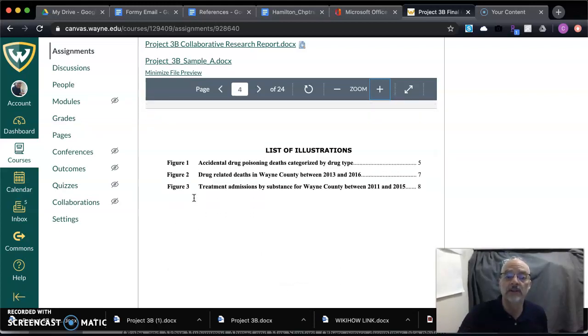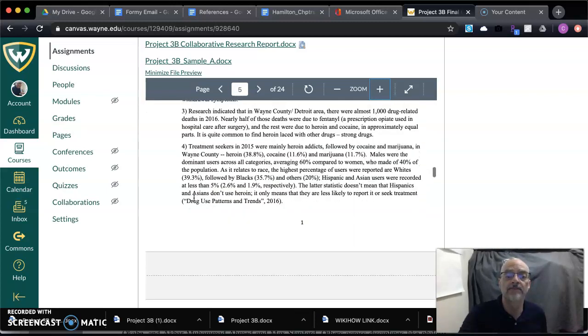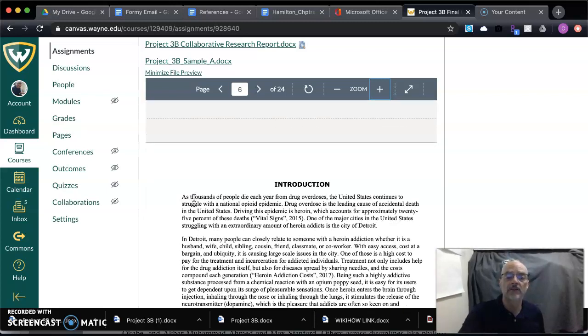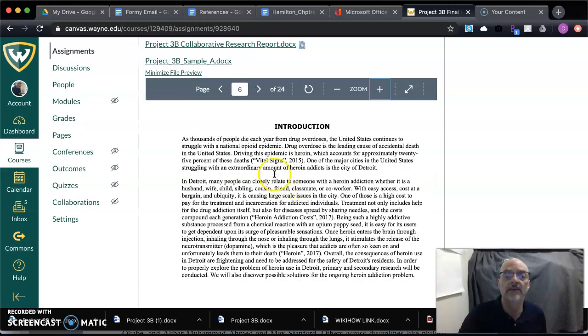Here they have a list of illustrations. Now we have the executive summary, then the introduction, and notice that these headings are centered. This is APA format. You can tell we have a citation, and see how there are citations throughout. This group is constantly saying, here's the introduction, here's where we're getting that information from.